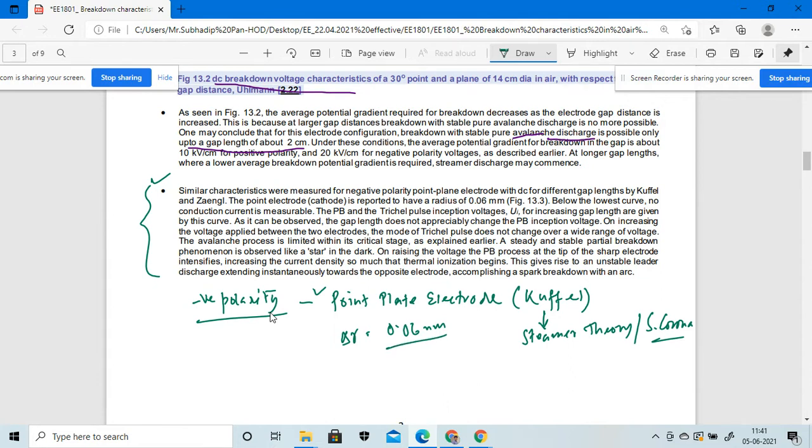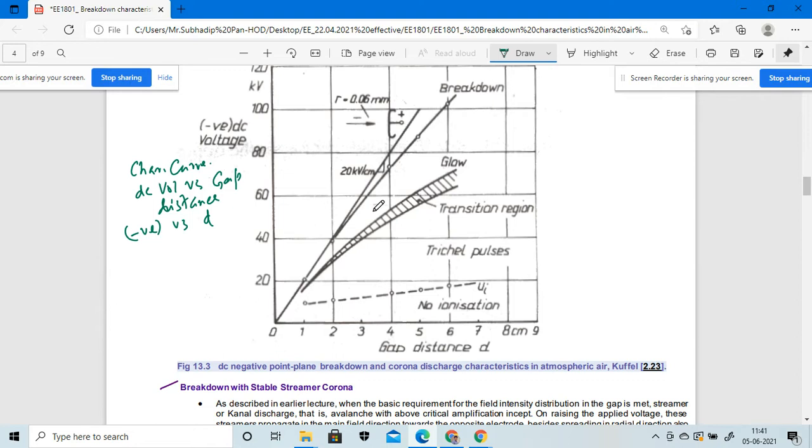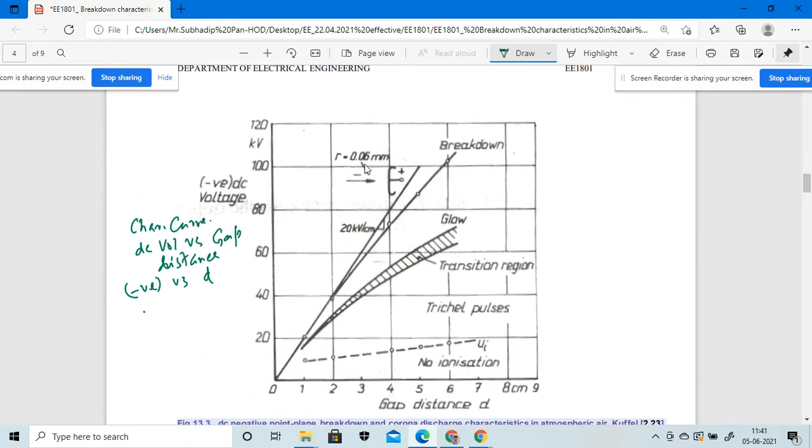Below the lower curve we see the conduction current that is measured. This characteristic curve shows the relationship between the DC voltage, which is negative, versus the gap distance d. For a very small radius, we consider del R equal to 0.06 mm.